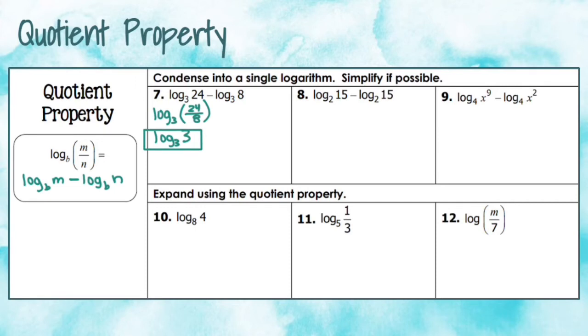And then the opposite direction, if we expand, we're going to get log base 8 of, let's say, 8 over 2, because that would equal 4. So then when we change that to subtraction, we could have log base 8 of 8 minus log base 8 of 2.